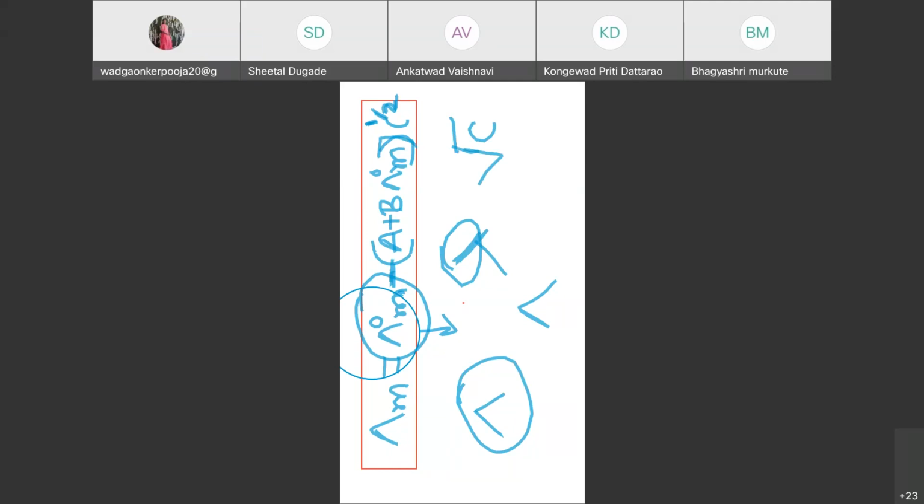Yes or no. So if you are clear with this equation, and I think you are, because we have derived it already in our previous classes.